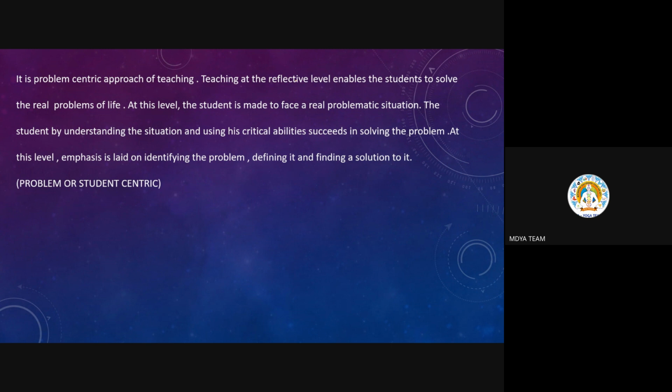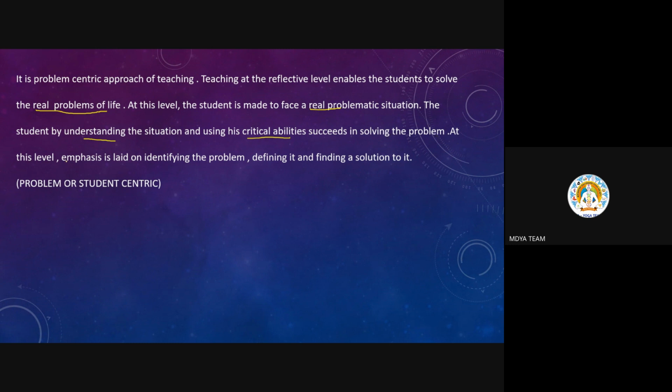Teaching at the reflective level enables the student to solve the real problems of life. At this level of teaching, the student is made to face a real problematic situation. The student, by understanding the situation and using critical abilities, which means the understanding level as well as the reflective level, succeeds in solving the problem.